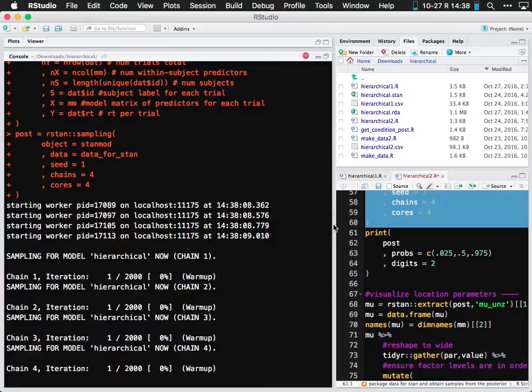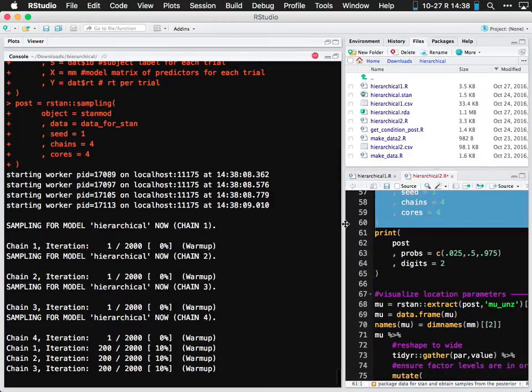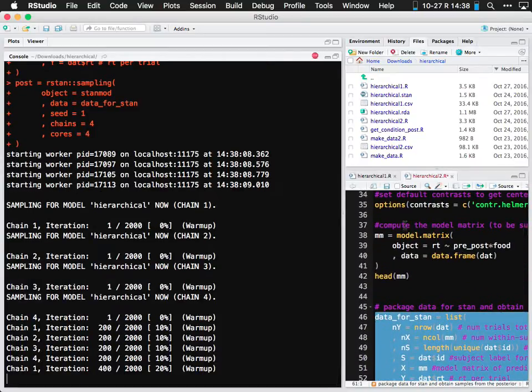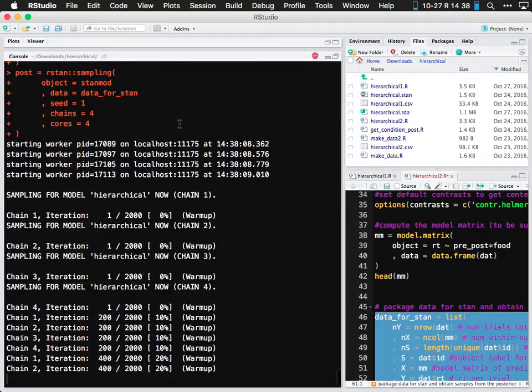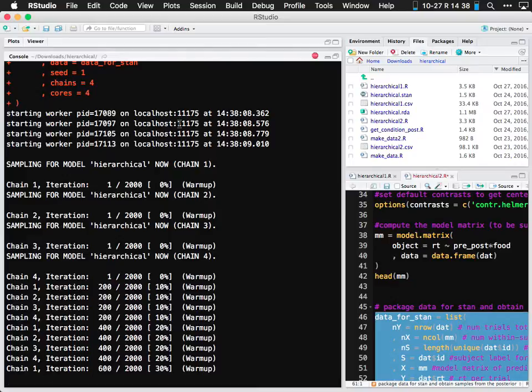It's going to take longer because it's a more complicated model. If you think about it, there are 3 columns in that matrix, 3 predictors: the main effect of pre-post, the main effect of food, and the pre-post by food interaction.